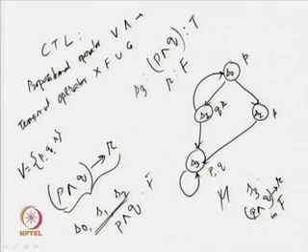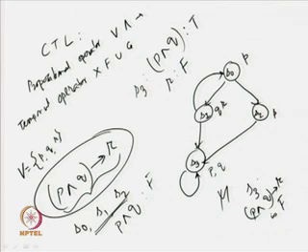Now, we have these four states labeled with atomic propositions. If I say that this formula is phi, then phi is true in states S0, S1 and S2, but it is not true in S3.